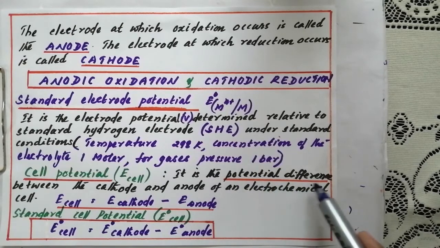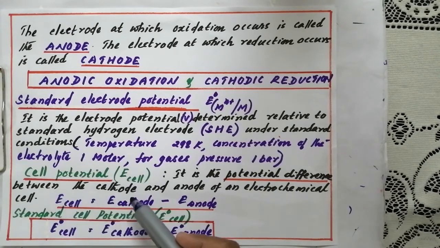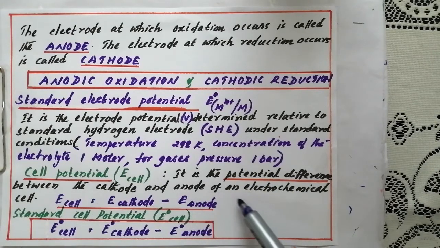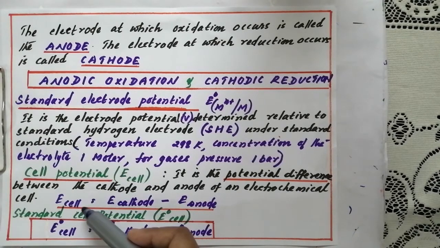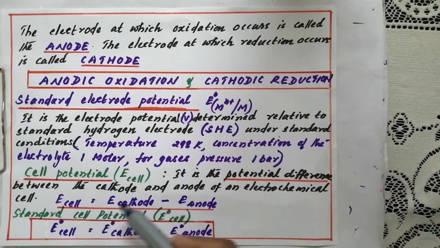Cell potential, E cell. It is the potential difference between the cathode and anode of an electrochemical cell. The equation for calculating E cell is E cathode minus E anode. The standard cell potential E0 cell is calculated using the equation E0 cell is equal to E0 cathode minus E0 anode.